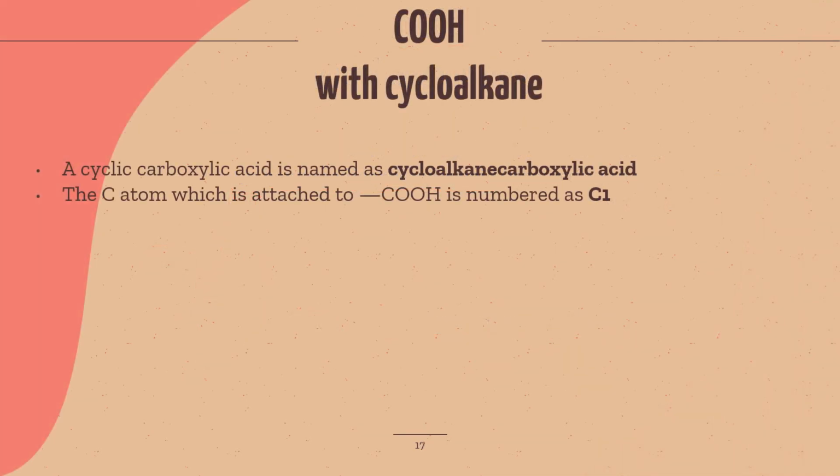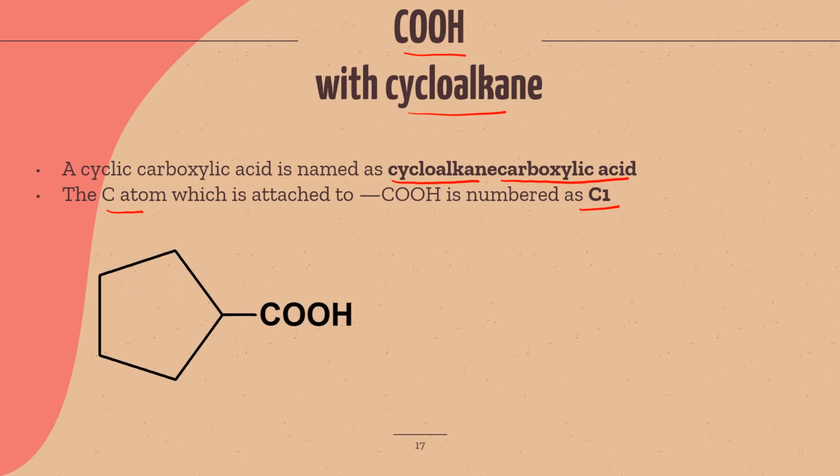Now, how if we have carboxyl with cycloalkane? So by having these two, the name of the compound will be cycloalkane carboxylic acid. And the carbon atom of the cycloalkane that is directly bonded to COOH will be numbered as carbon 1.